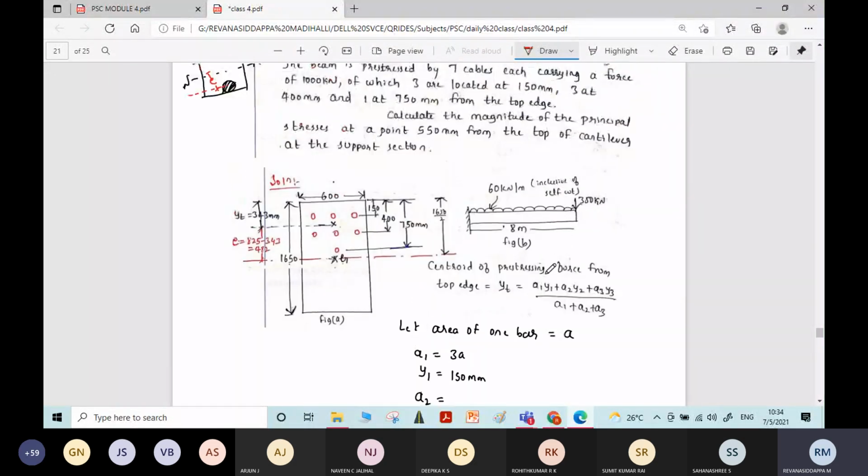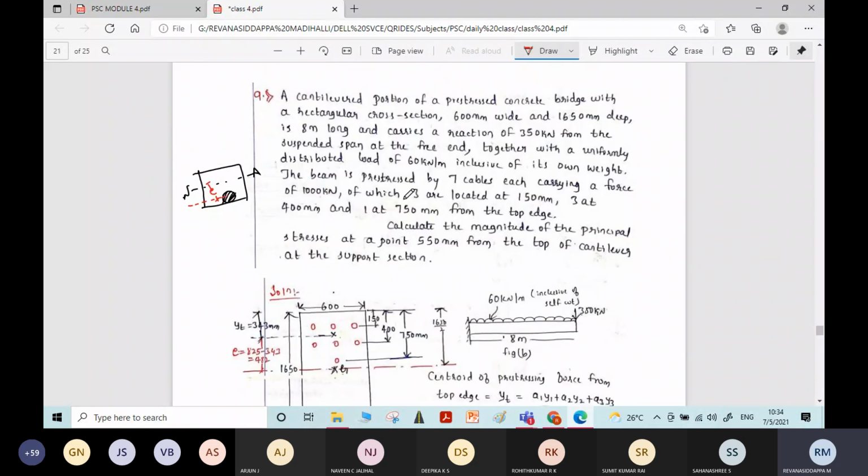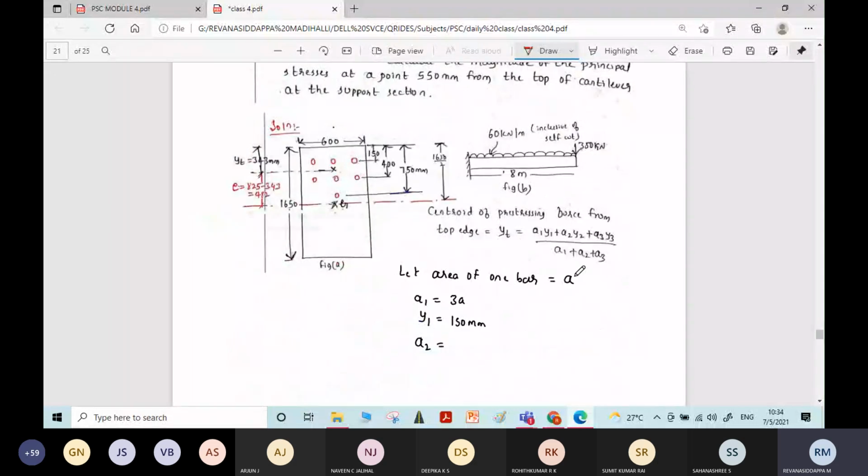One more important thing: the diameter of the bar is not given, so we will assume the diameter be A. Then A1 becomes 3A, since there are 3 bars in the first row, and Y1 is 150 mm from the top fiber.